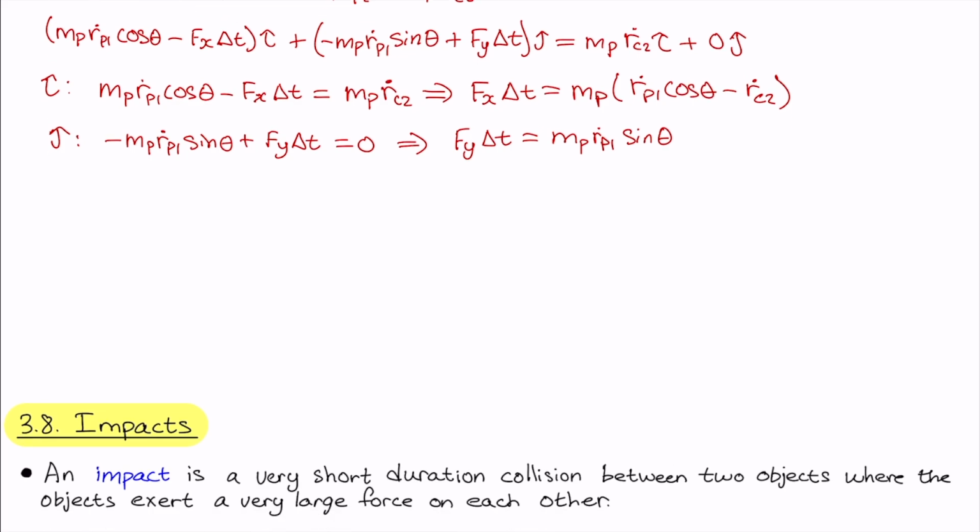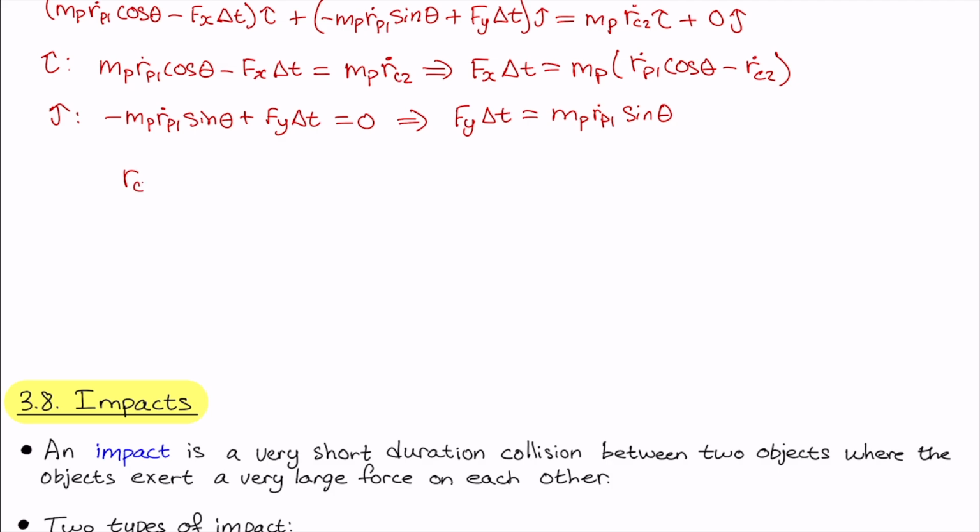So we know that r_c2 dot is equal to m_p divided by m_p plus m_c, times r_p1 dot cosine theta.